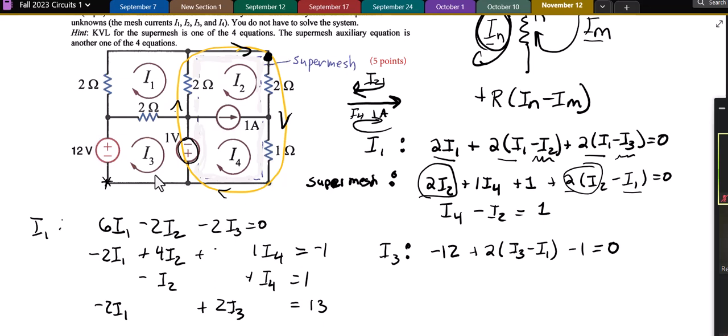And let me just see, this is the kind of place where I make mistakes, let me just double check. Minus 2I1 plus 4I2 minus 1. Yep, that's right. Okay, so questions on this one? All right then.